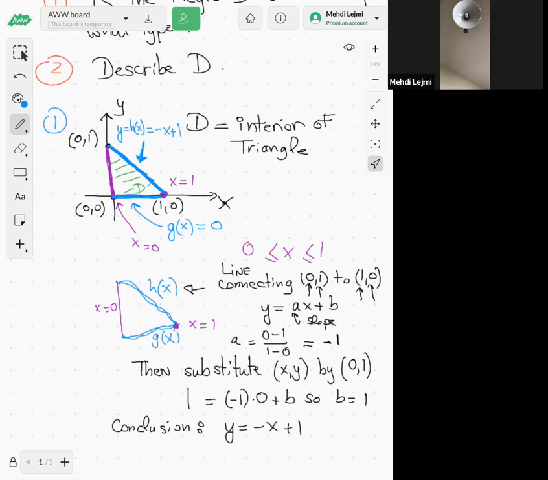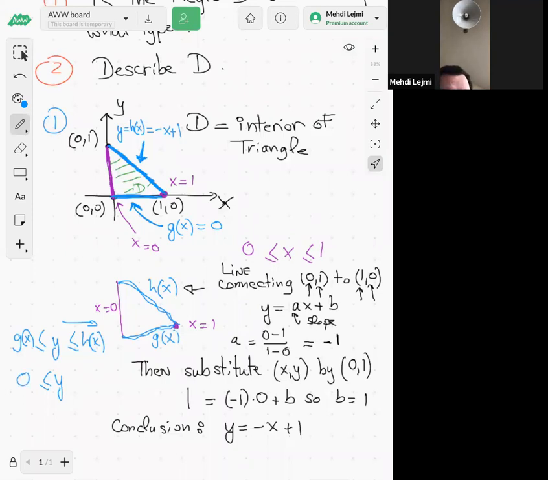So my y coordinate is supposed to be between g of x and h of x, right? That's the definition of a type 1 region. In this case, g of x is just the x-axis, y equal to 0, or g of x equal to 0.